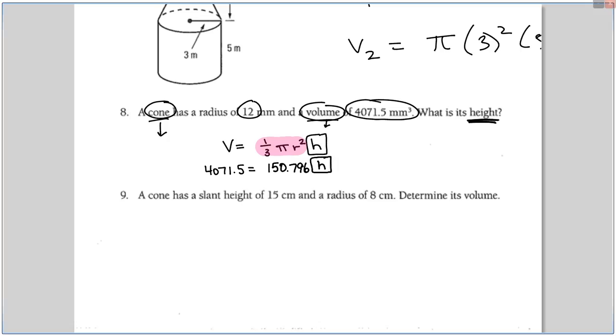So it's 150 point something times h. So how do you get rid of that? Divide it on both sides. And you will solve for h. So 4071.5 divided by that answer. 26.9999. It's just 27. It's 27 millimeter.